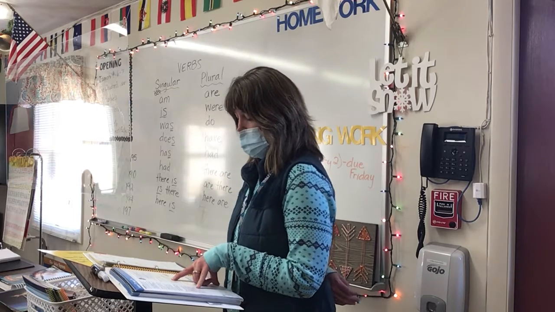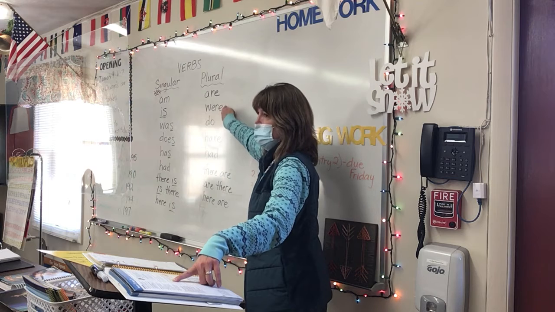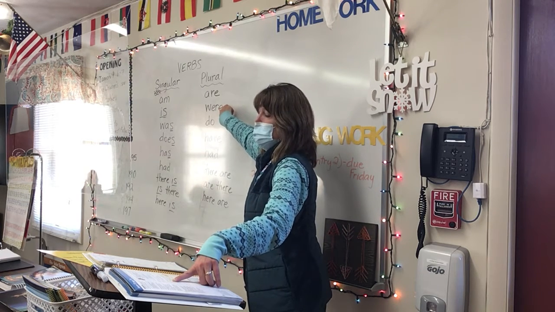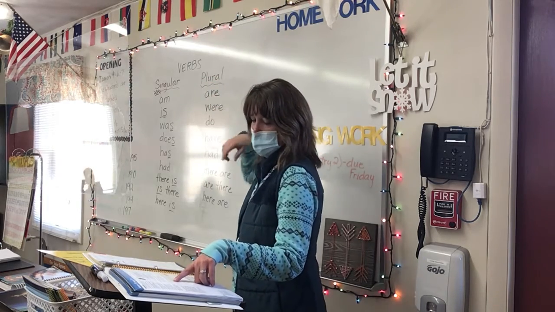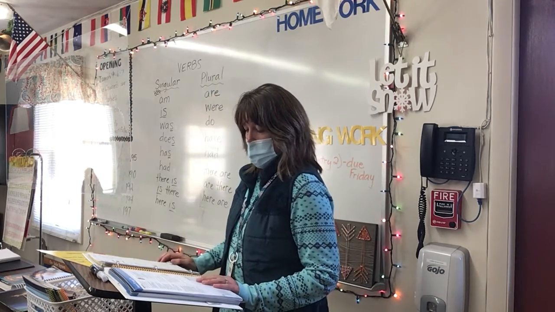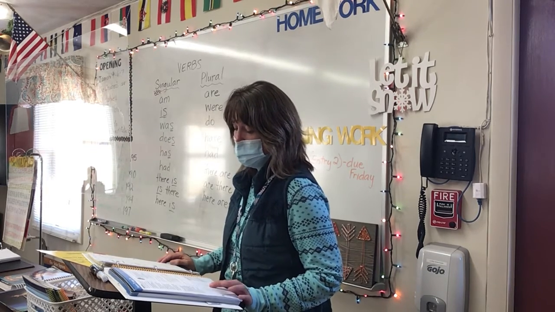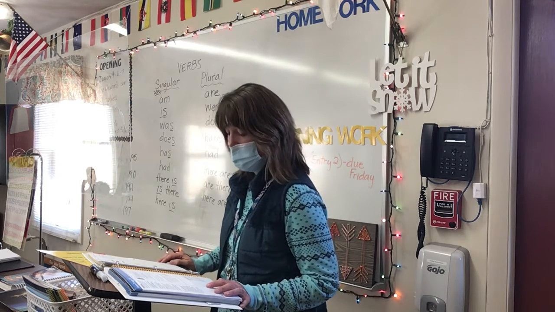So biscuits is plural, so we need to use the plural verb. So is that correct? Well, it is, because were is plural. So biscuits were. If it said there was fresh biscuits, then it would be incorrect, because was is singular.